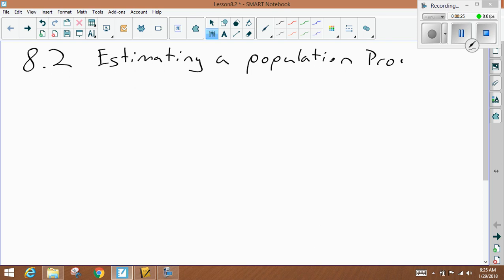I don't know why I decided to not capitalize that. So we are going to create confidence intervals.